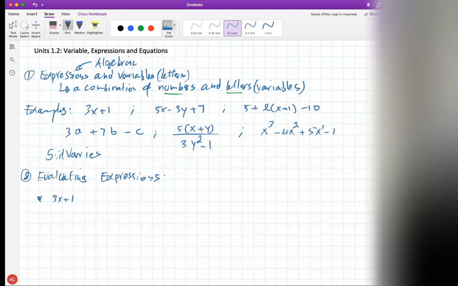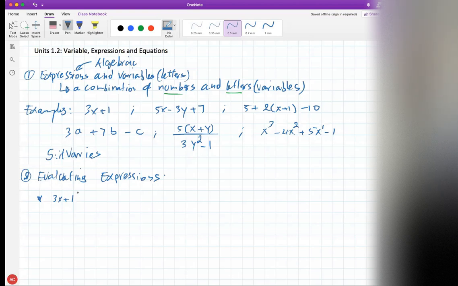So the value of the expression will depend on X. So X is a variable, it could change, could be 2, -5, could be 10, could be any value we may give it. Depending on what it represents, it could represent a social security number, a phone number, the price of an item. Items have different prices, so each price varies from item to item. Again, hence the word variable.